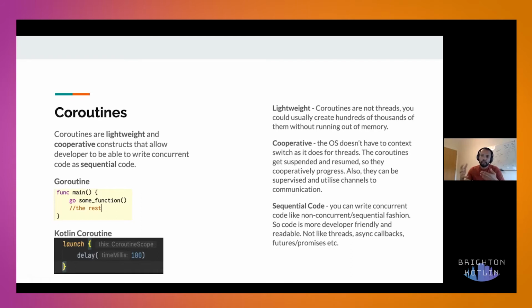And Kotlin, again, offers user-friendly constructs, like builders. So you can launch a coroutine here, and you can execute your business logic inside that coroutine scope. So that's just about coroutines as a concept.